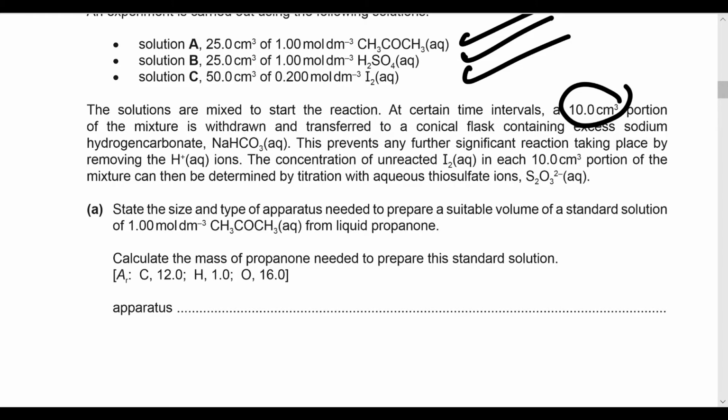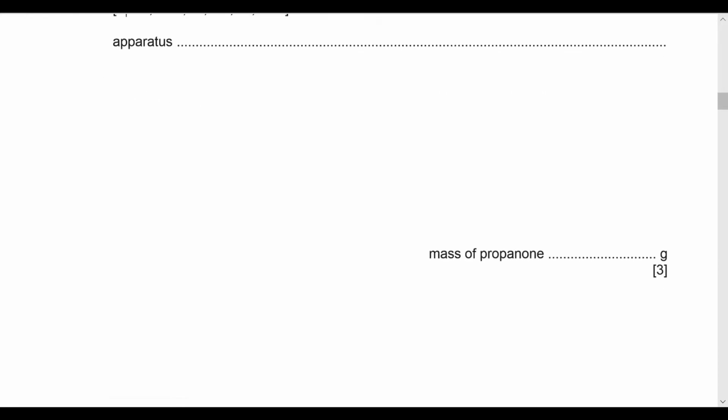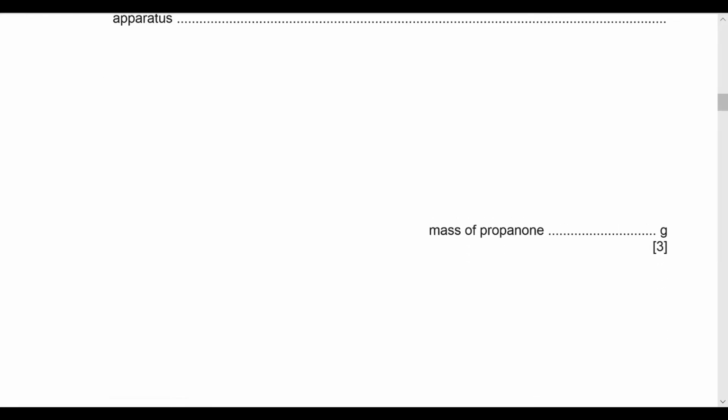The concentration of unreacted iodine in each 10 cubic centimeter portion of the mixture can then be determined by titration with aqueous thiosulfate ion.